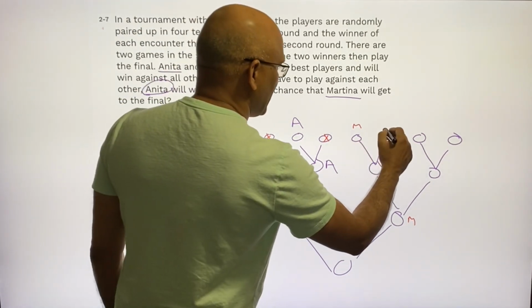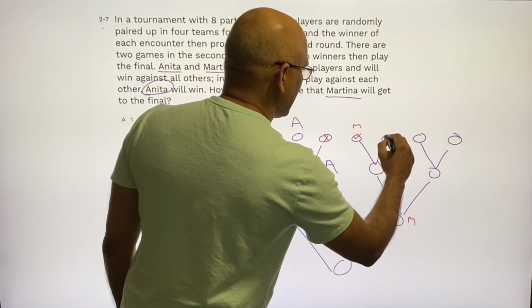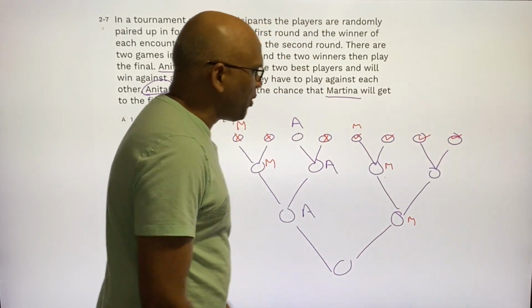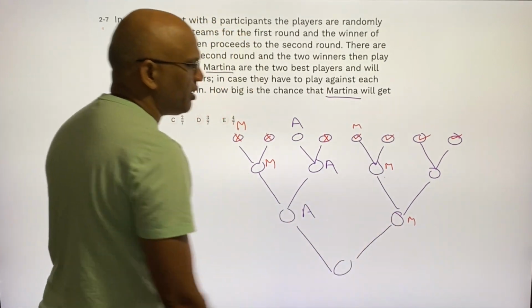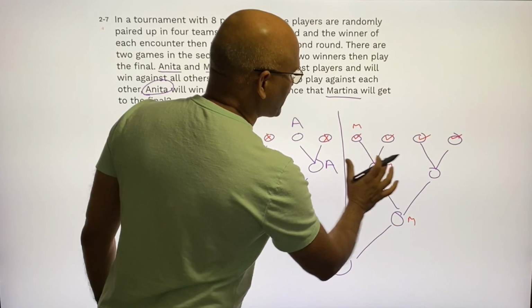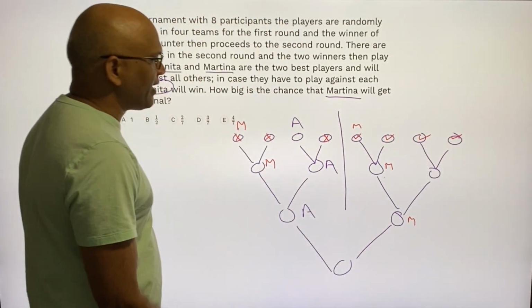Okay, so similarly, this is a possibility. Martina can be in any of these 4 spots and she can make it to the final because Anita is not on this side. As long as Anita is not on this side, Martina can always make it to the final.